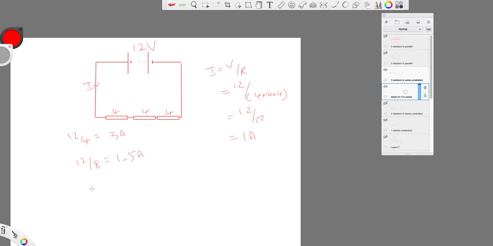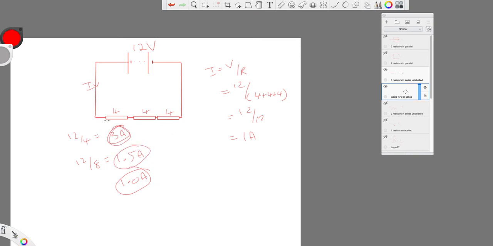And when we had 3, we had 1 amp. So there we have 3 resistors in series, 3 times the resistance of 1. 2 resistors, twice the resistance of 1, and therefore half the current.